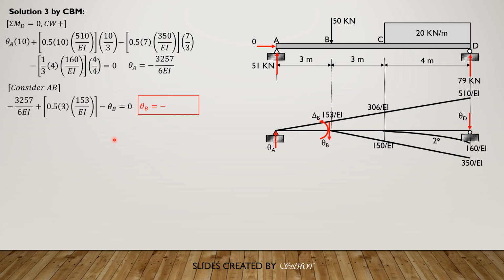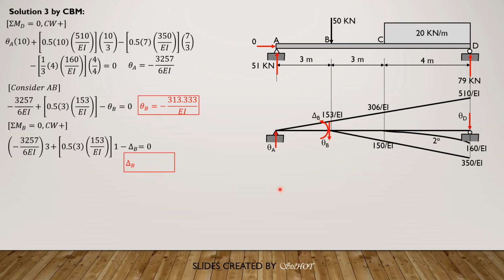So solving for theta B is negative 313.33 over EI. Then summation moment about B equals 0, clockwise as positive, so negative 3257 over 6 EI times 3, then plus 1 half of 3 times 153 over EI times 1, then minus delta B equals 0. Solving for delta B is negative 1399 over EI as before.